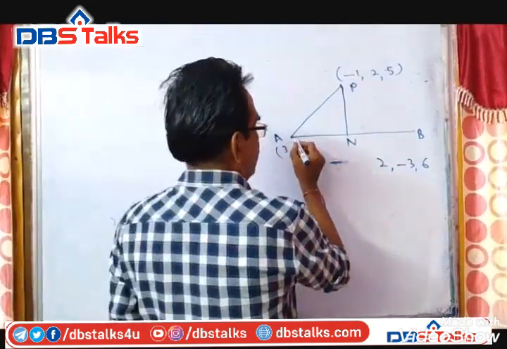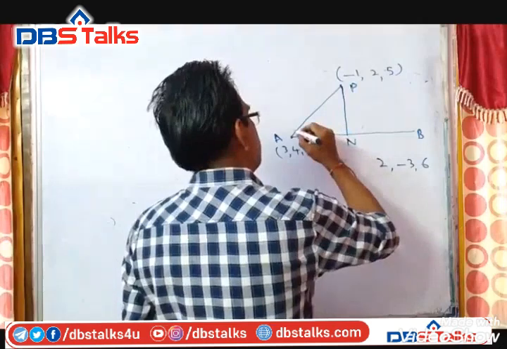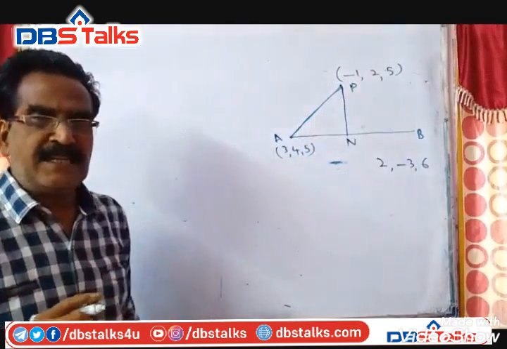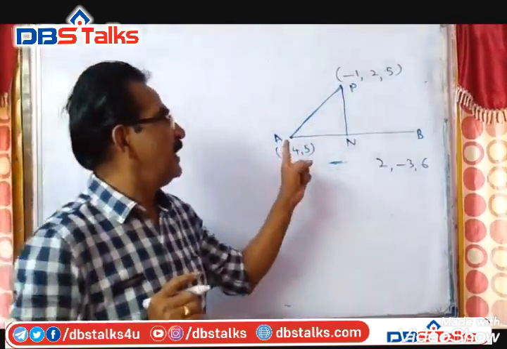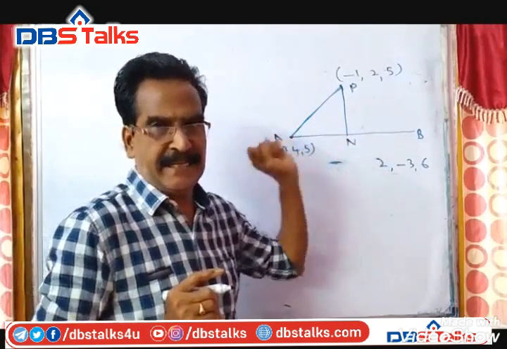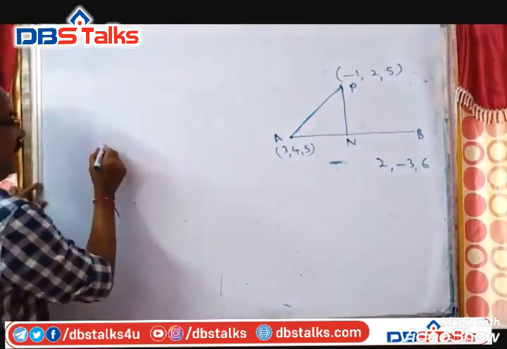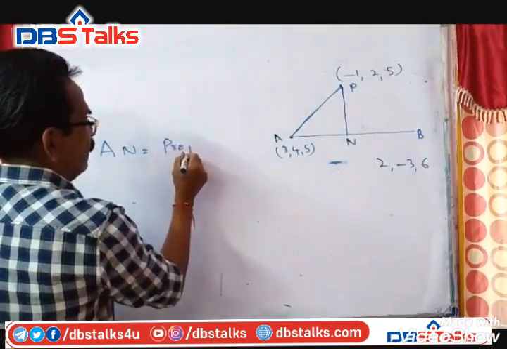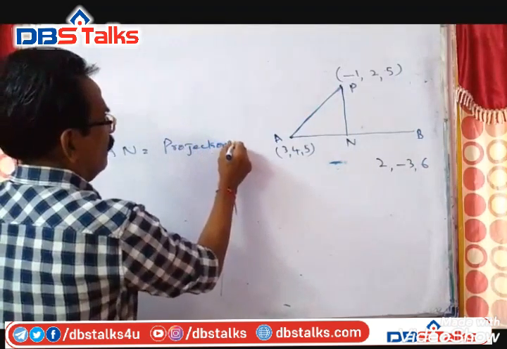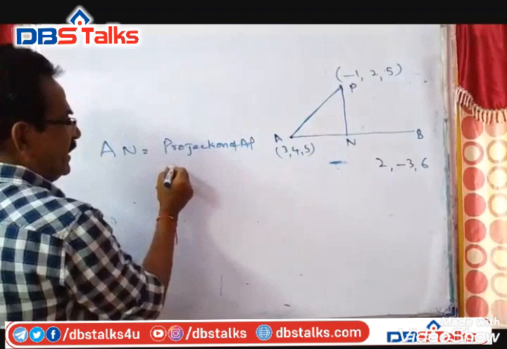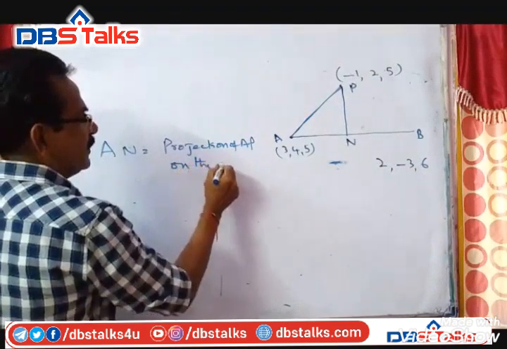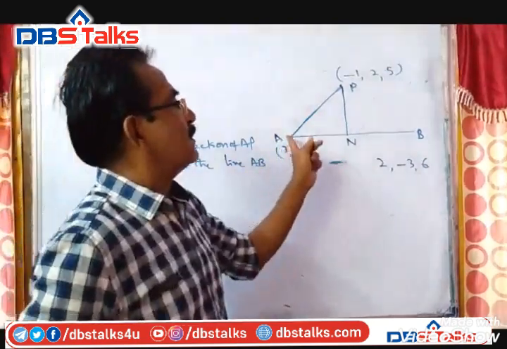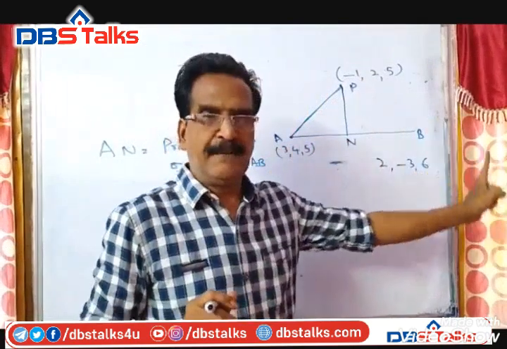Friends, AN is the projection of AP on the line AB.